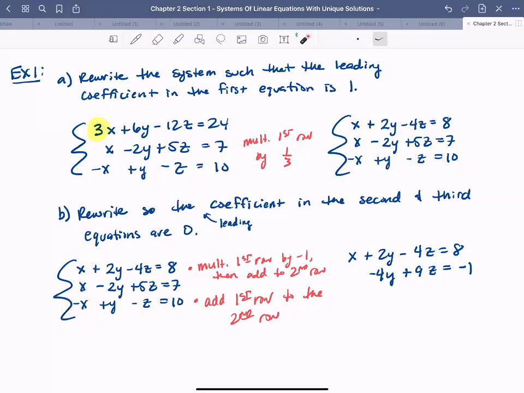Great. 2y plus y gives us 3y. I don't have to write a positive. -4z minus z gives us -5z. And then last, 8 plus 10 gives us 18.